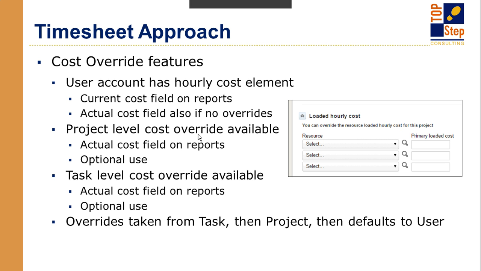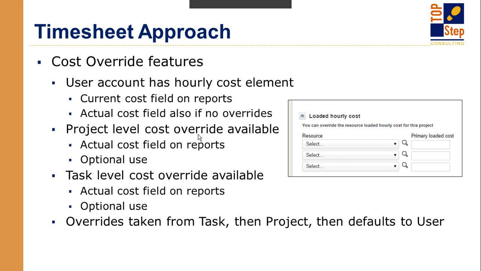For subcontractors, we could easily have different costs for different projects for the same subcontractor. So this override allows you to change those costs for that subcontractor based on either the project they're working on or the task they're working on. And so you would basically just select the resource and you would enter their cost for that project or task.